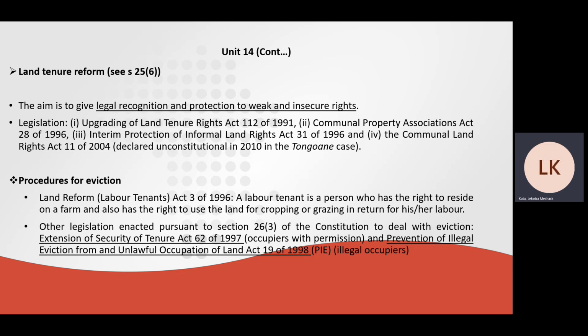Then you have the Interim Protection of Informal Land Rights Act of 1996. And then we used to have what you call the Communal Land Rights Act of 2004. However, that act has been declared unconstitutional in 2010.